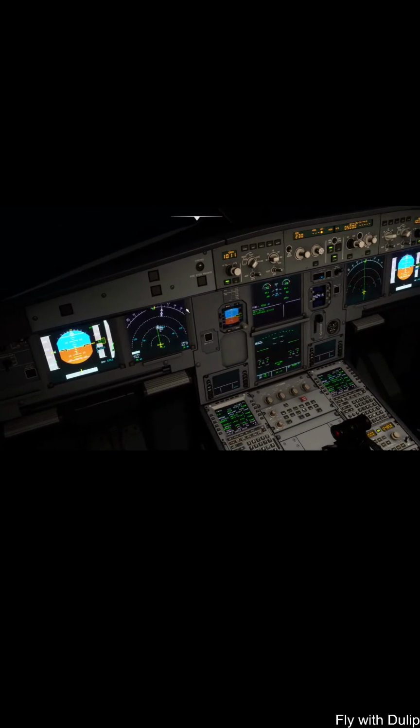Copy, SriLankan 103, descend and maintain 5,000 feet. Descend and maintain 5,000 feet, SriLankan 103.